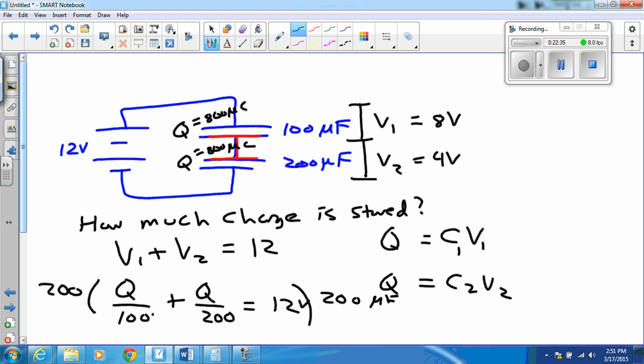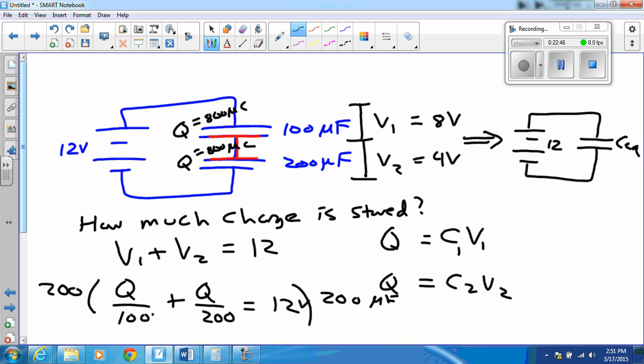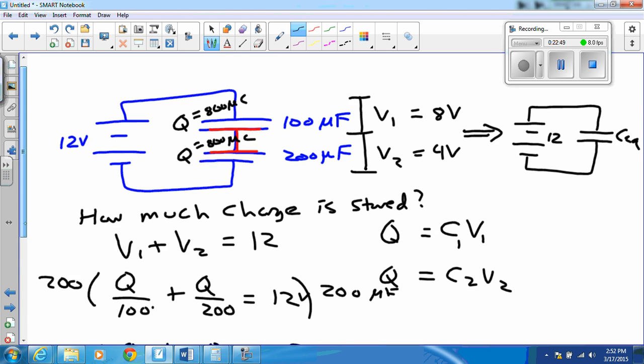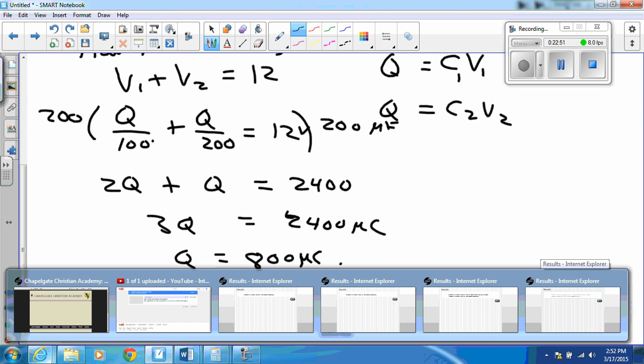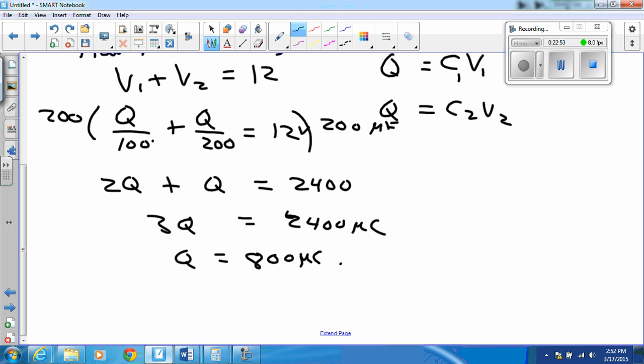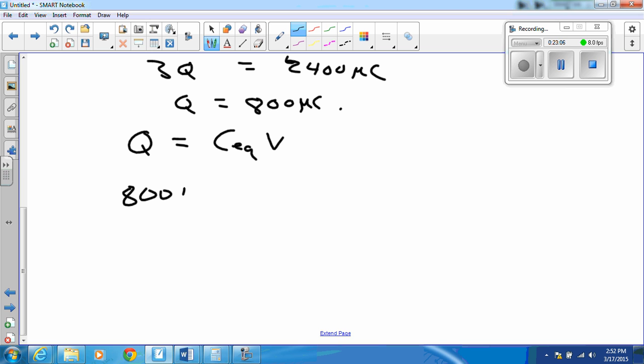Okay? Well, what about our equivalent capacitance idea? What if I wanted to take my two capacitors out of the circuit and replace them with a CEQ? What I require in that case is that Q is equal to CEQ times the voltage, or CEQ times 12. And I already know how much charge is stored.